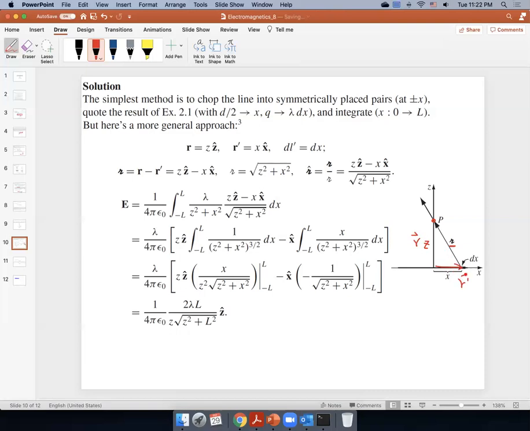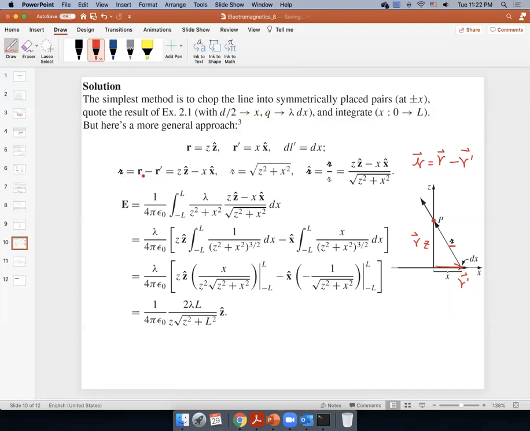R is z in z direction. R prime is x in x direction. And this r equals r subtracted by r prime. This is what we have learned in chapter 1.